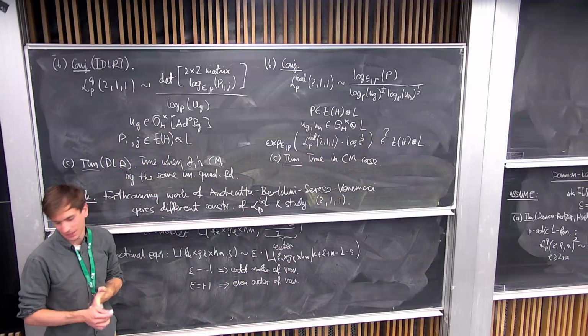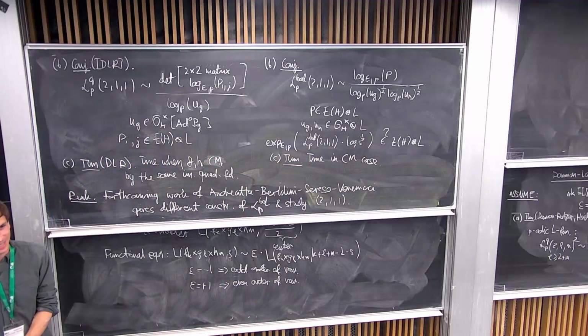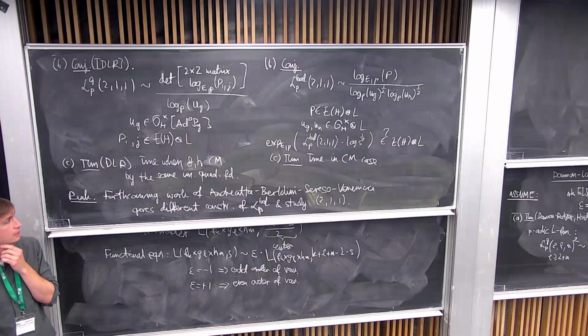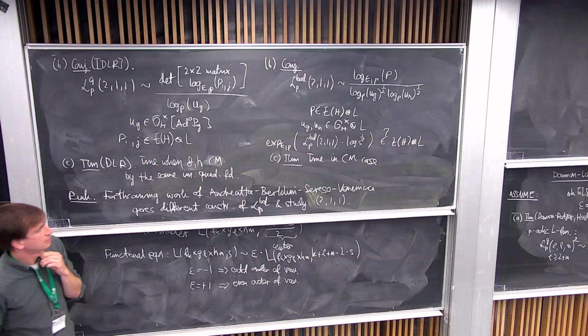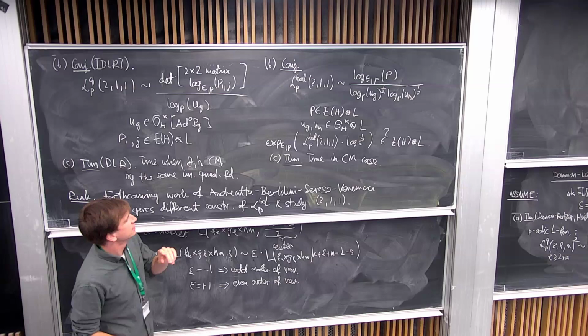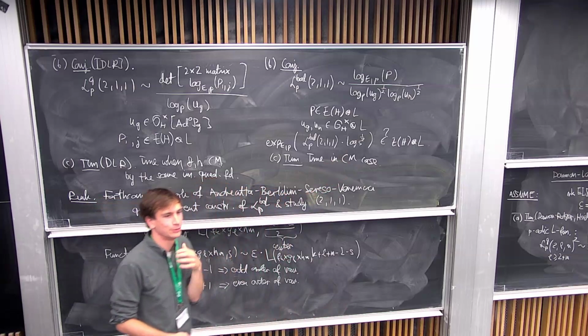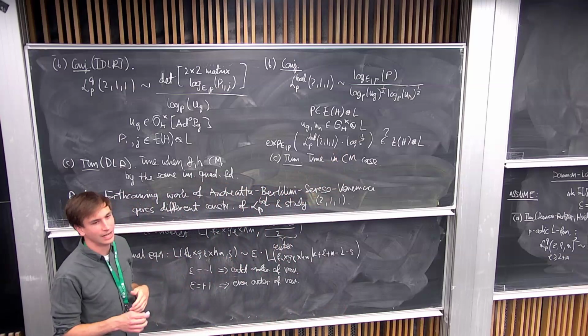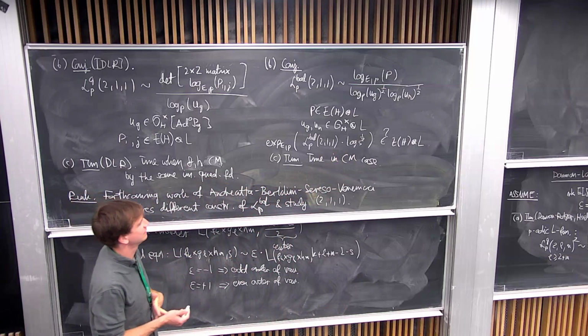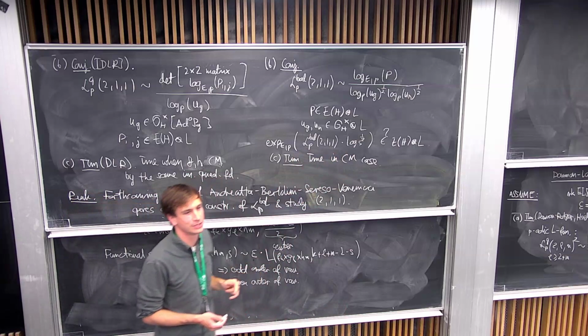Maybe we can talk about it after, but it's explicit but also complicated. Can you do numerical calculations now and see that it's actually true? Beyond the CM case, that's something we would like to do but isn't yet done. It's not so easy to compute these values in practice.